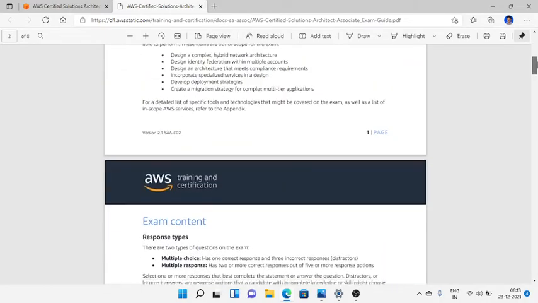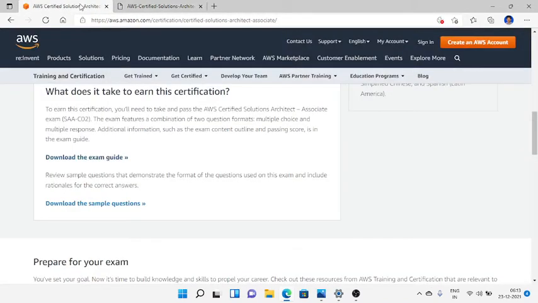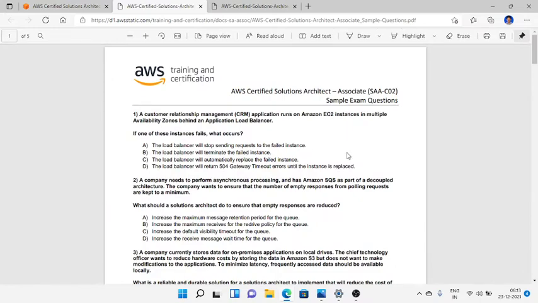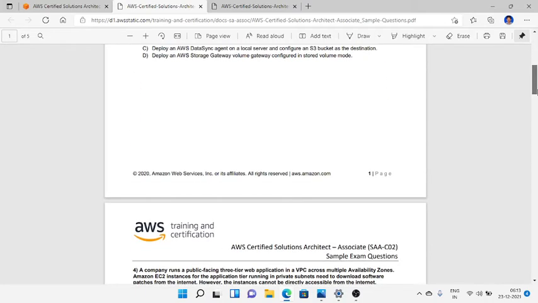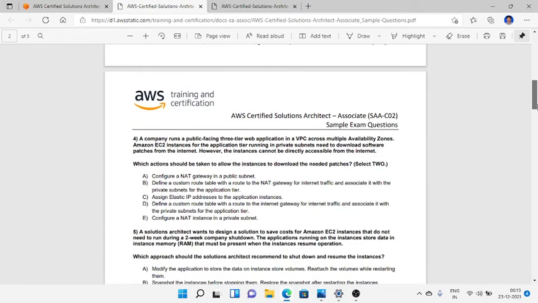In addition to this, you will have the sample questions, which you can download here. These are multiple choice questions and multiple answer questions. See here, select two.